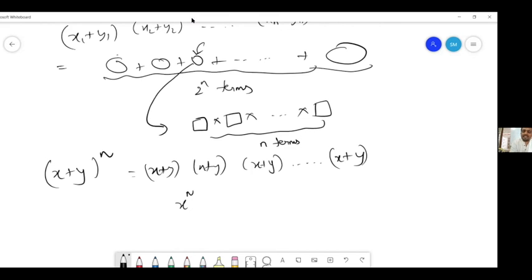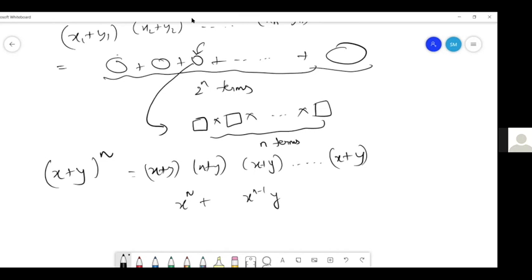Next, you choose 1 y and n minus 1 x. So in how many ways can you do it? That is a combination, nC(n minus 1). Fine, so you have to choose n minus 1 x out of n x.